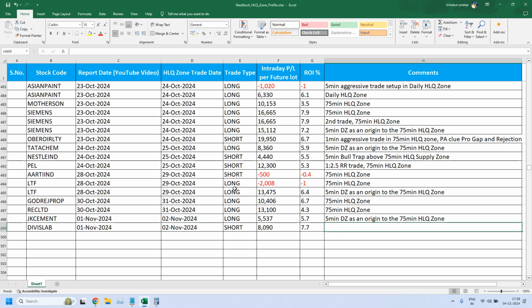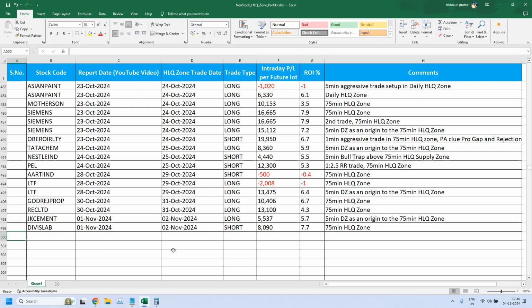But even Divis Lab has given 7.7% ROI. This is the 75 minutes high liquidity zone trade. Somehow I ignored this stock, but it gave a good trade.